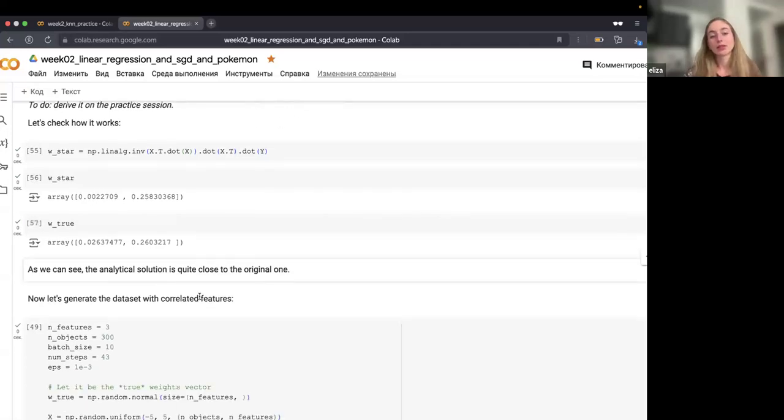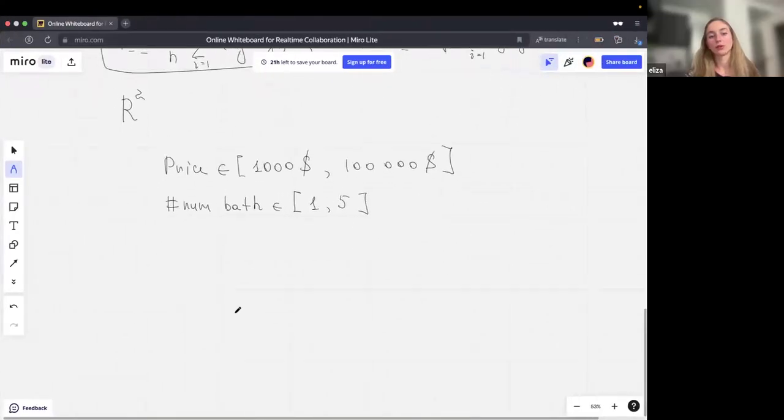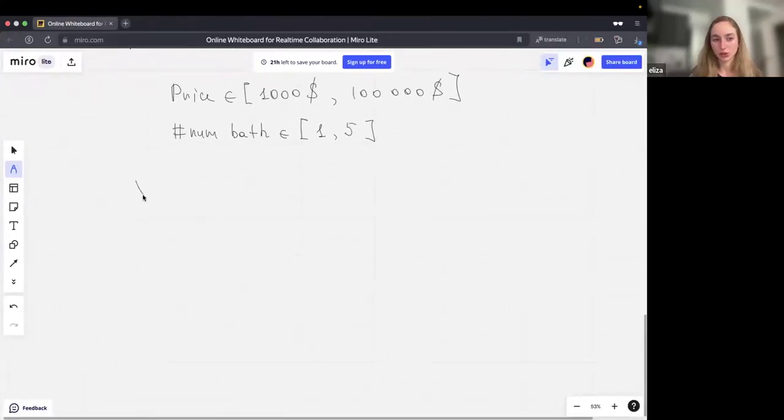But let's try to use correlated features. Do you know about correlated features? For example, you have feature x1 with values 1, 2, 3, and you have feature 2 with values 2, 4, and 6.